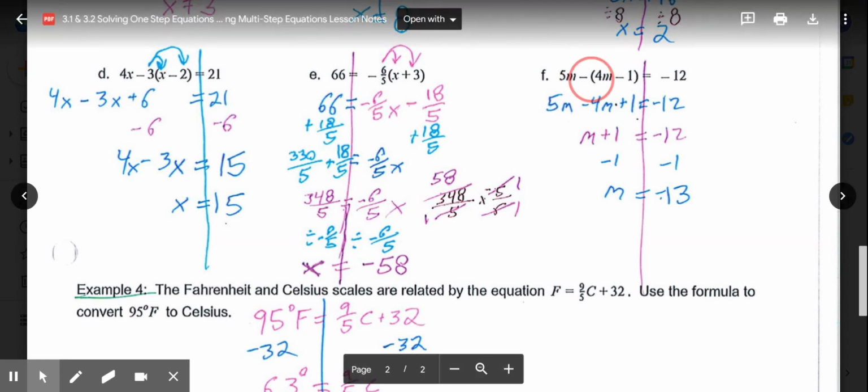So when we distribute the negative, it changes each sign inside the parentheses. Combine like terms, 5m minus 4m gives us 1m. So we're left with m plus 1 equals negative 12. Subtract 1 from each side, and m equals a negative 13.